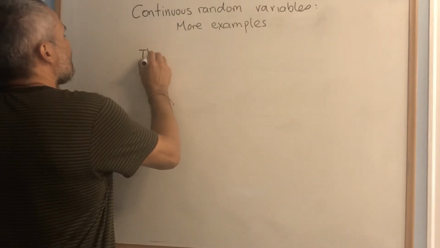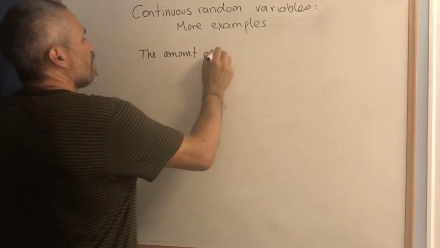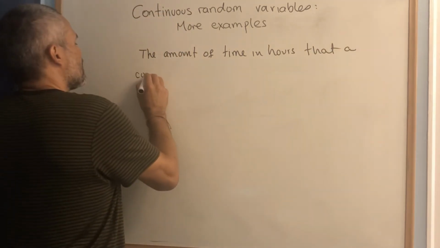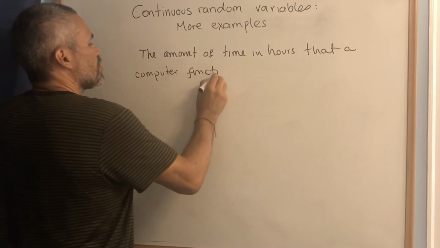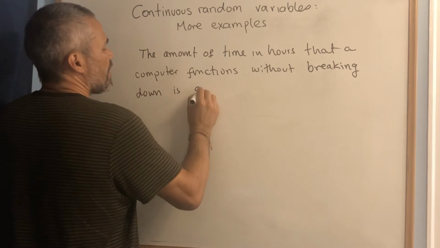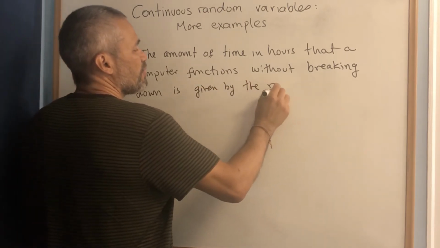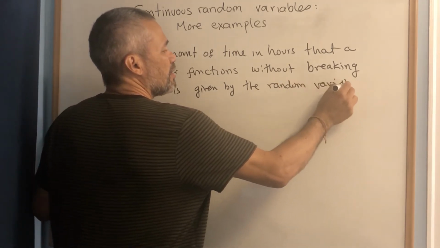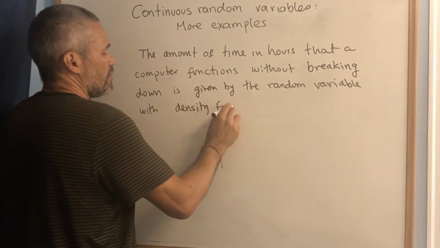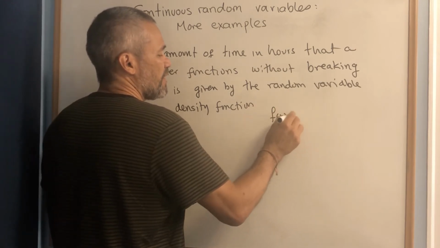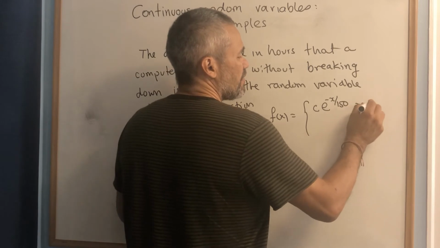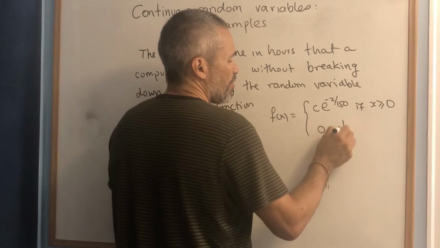Let's suppose that the amount of time in hours that a computer functions without breaking down is given by a random variable with a density function f of x equal to a number c times e to the negative x over 150 if x is bigger or equal than 0 and is 0 otherwise.